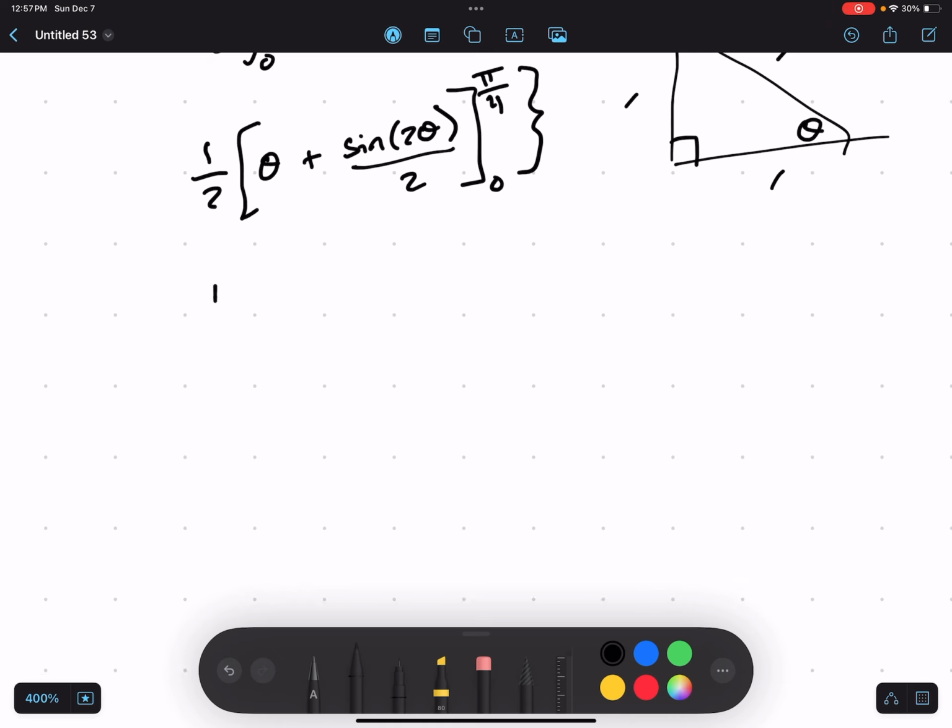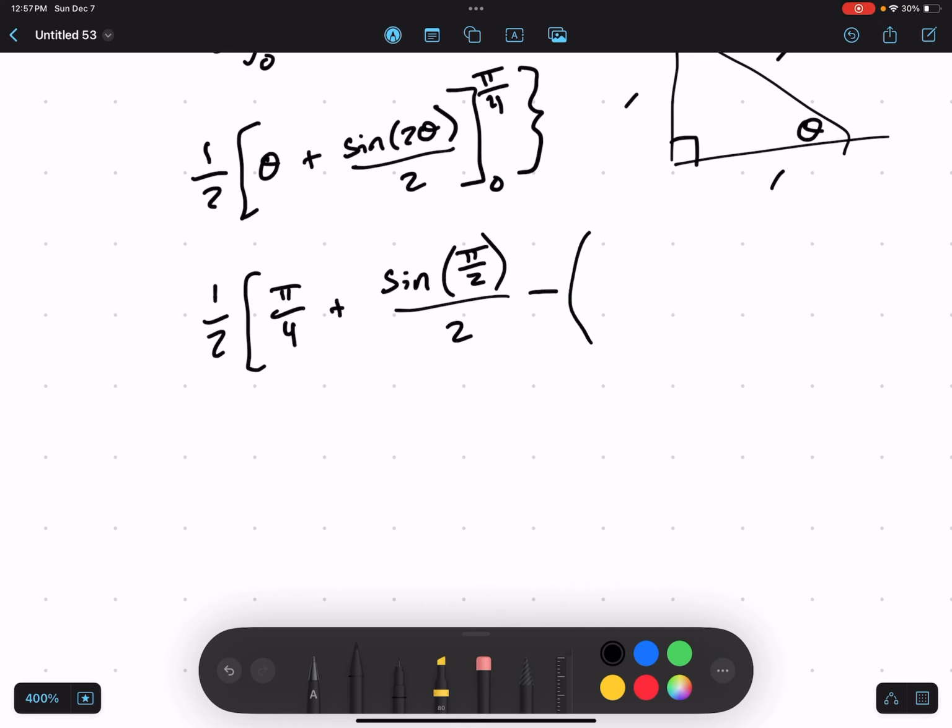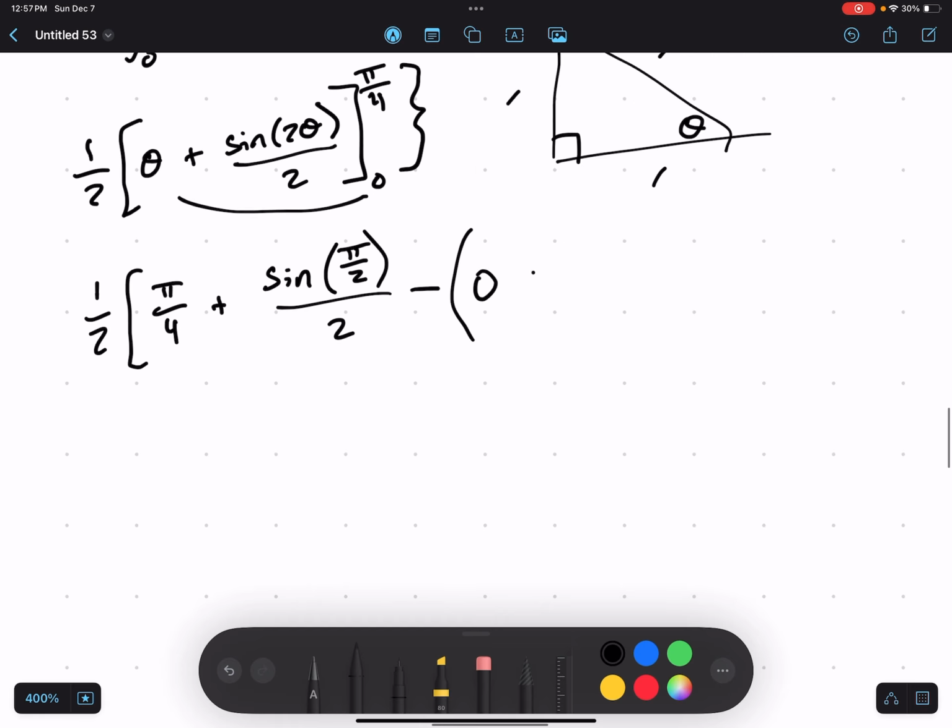So what we're dealing with is 1/2 times pi over 4 plus sine 2 times pi over 4, which is just pi over 2, minus 0, because we're plugging in 0 here for theta, plus sine, and when you multiply 2 theta times 0, that's just 0 over 2.